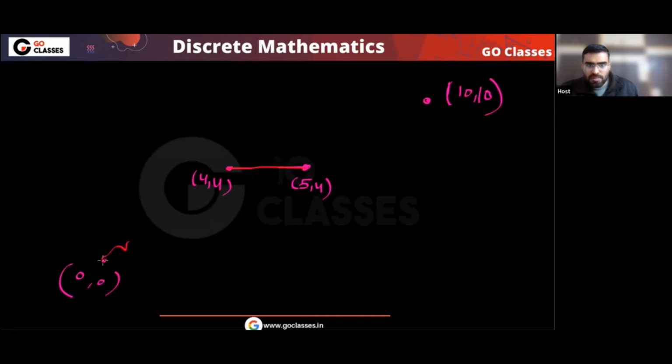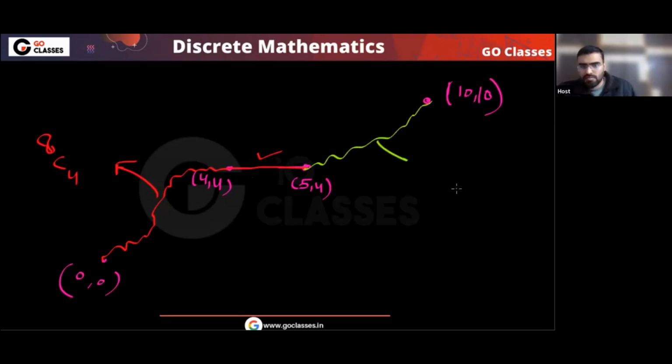So first you somehow go here. How many ways to do this? For (4, 4), this will be 8C4. And then you take this line and go here. How many ways to do this? Tell me.